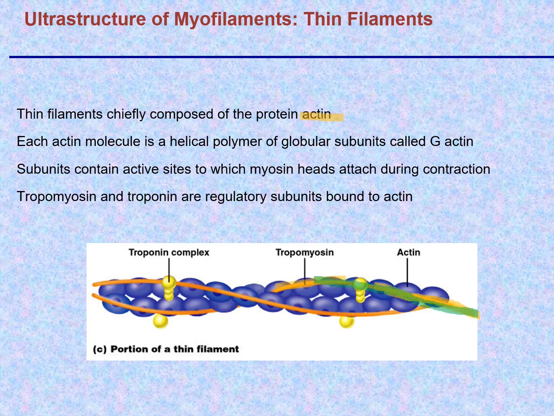These tropomyosin strands arch around the actin that makes up most of the thin filaments, and they have these troponin complexes associated with them.